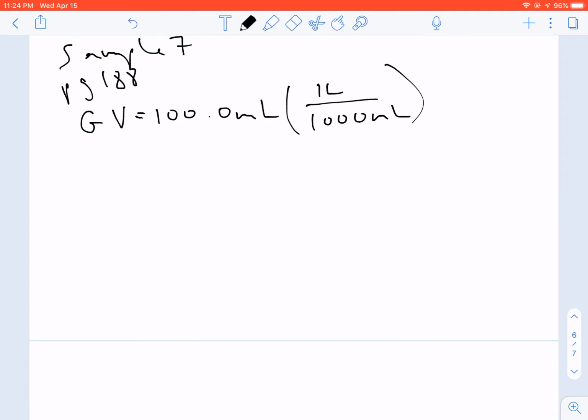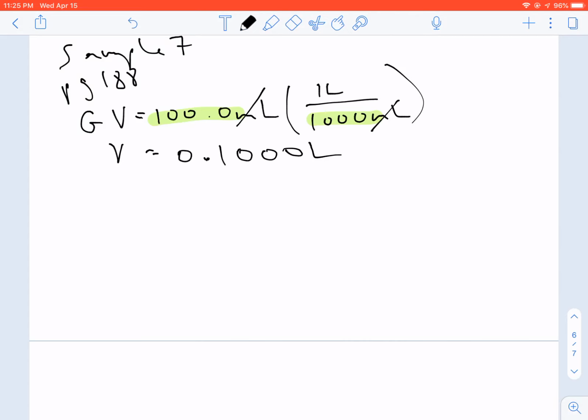And my milliliters in the numerator and in the denominator cancel out. And now I'm going to take my 100, divide it by my 1,000, and I'll end up with 0.1000 liters. Remember, I've kept all those zeros there because they are significant. We talked significant digits. Those zeros are significant.